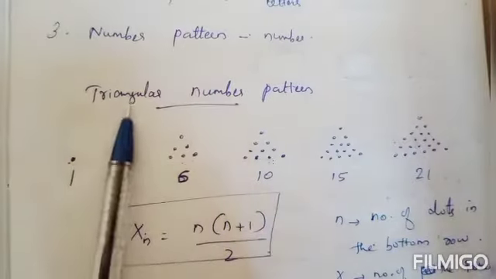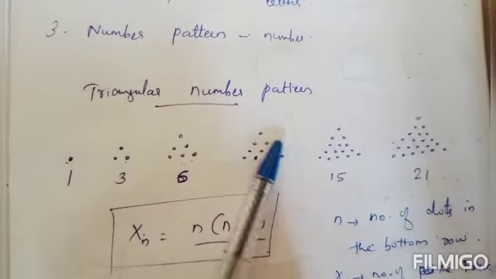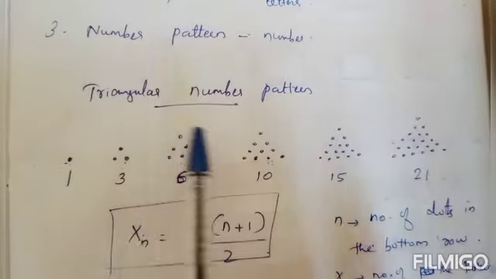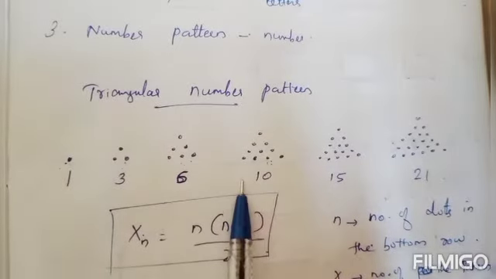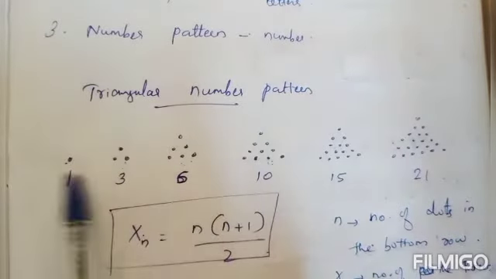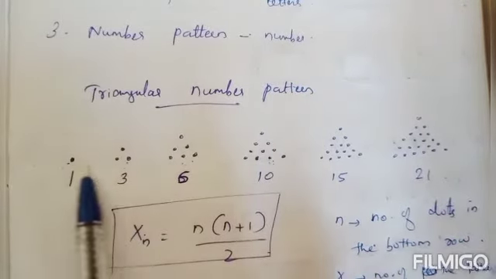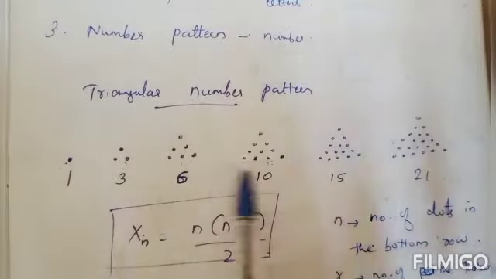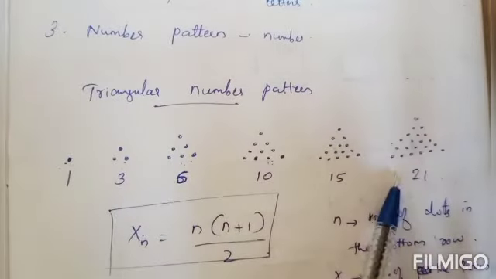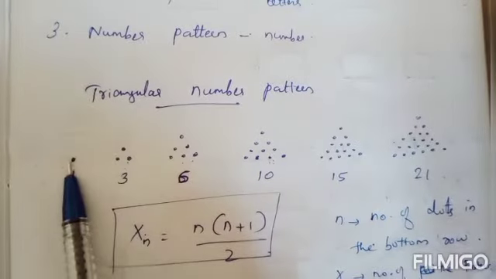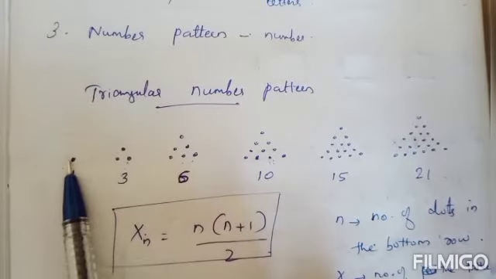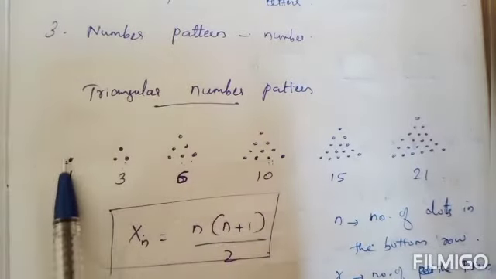Next, triangular number pattern. Triangular number pattern is represented by dots arranged in a triangular shape. You can see here, as we go on, you will get a larger triangle. You can also see the number of dots in the bottom row.